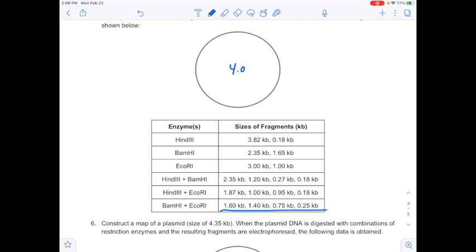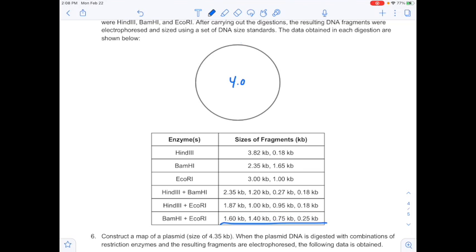BamHI and EcoRI. So I'll put the EcoRI up on there first, a 3 and a 1. So here's a 3 and a 1, right? Okay, EcoRI would be like that. And that was blue. All right, I'll use red.